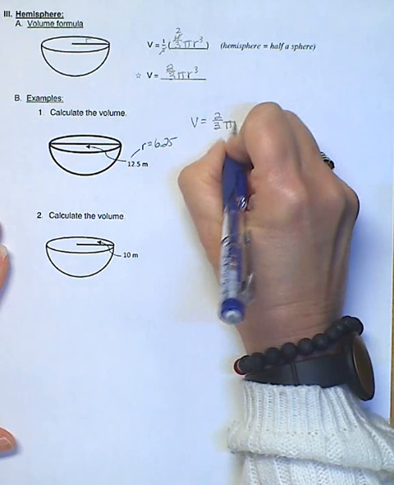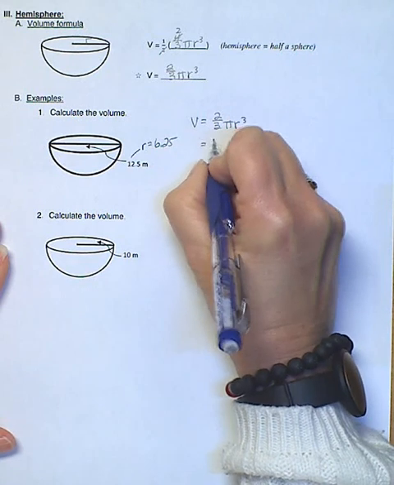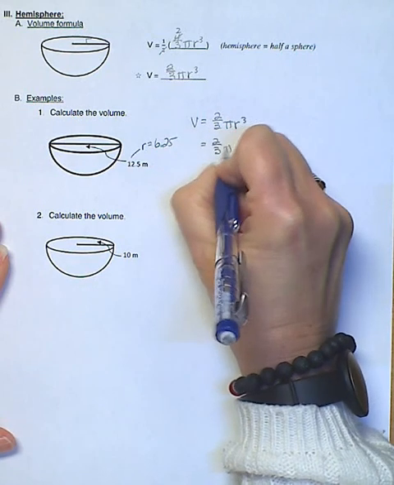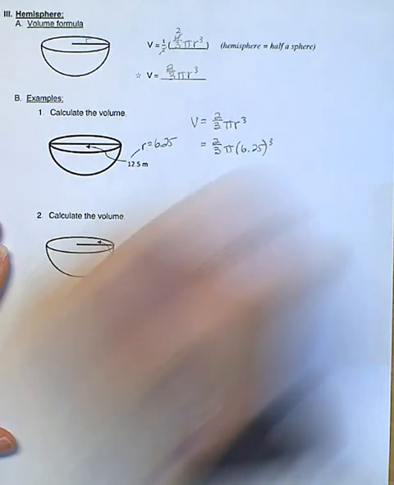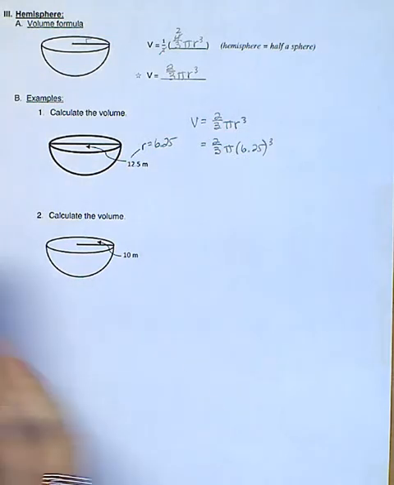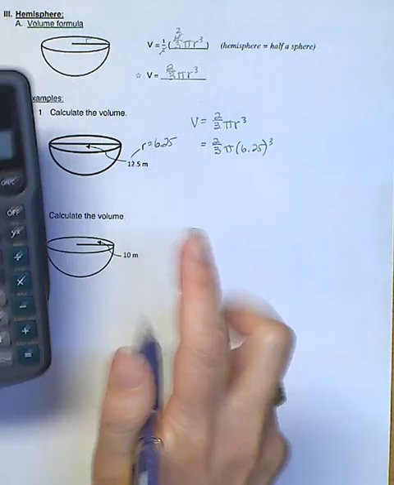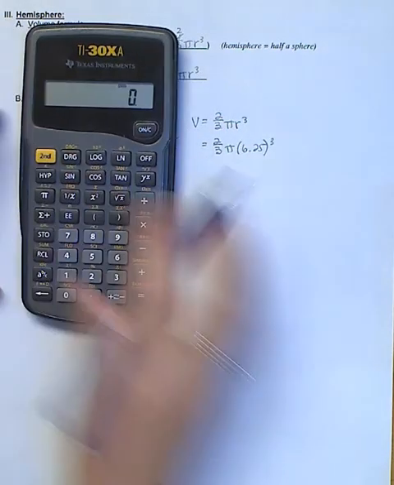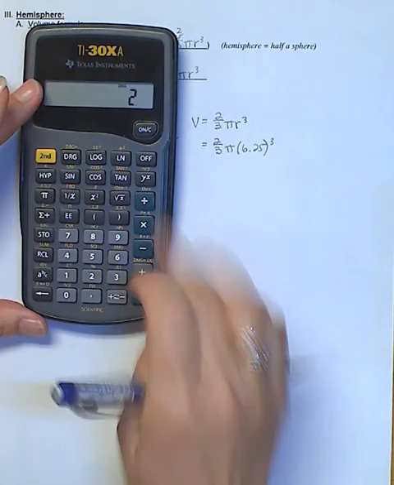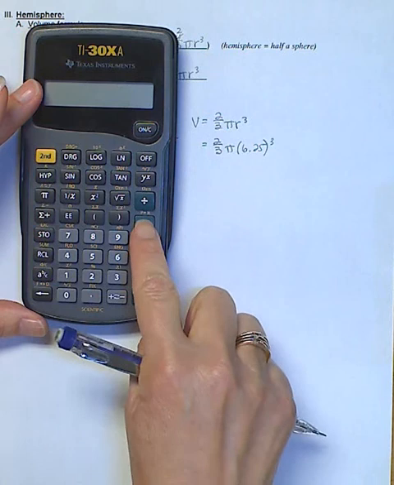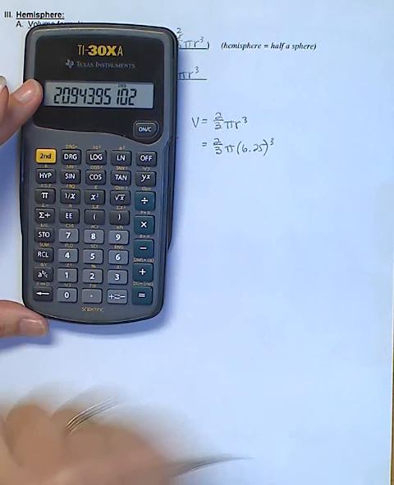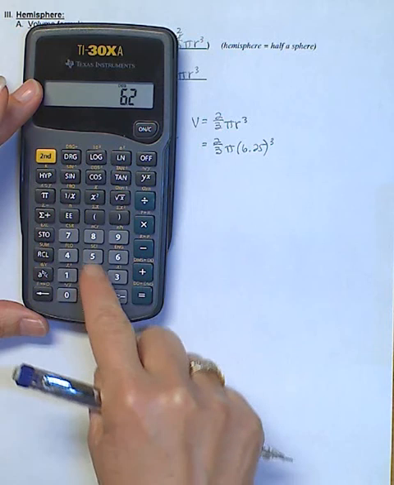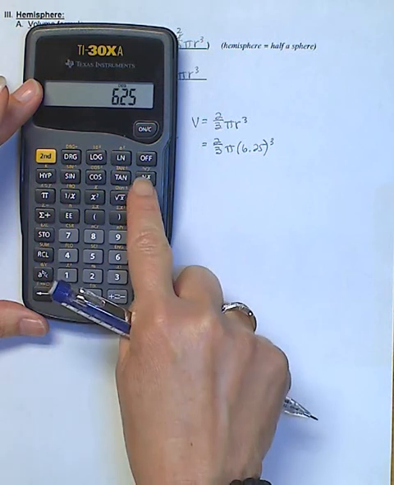So that's 2/3 times pi times 6 1/4 cubed. In the sphere we did 4 divided by 3. In the hemisphere we're going to do 2 divided by 3. So 2 divided by 3 times pi times 6 1/4 with an exponent of 3 equals.